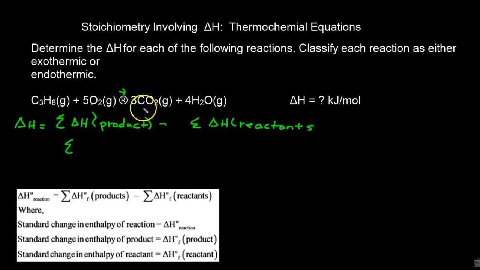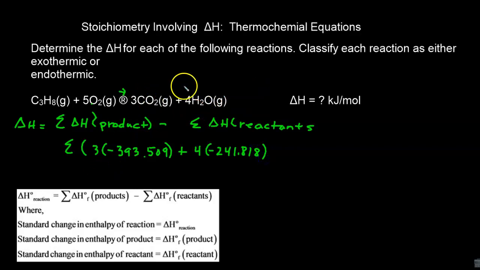I have 3 carbon dioxides, and carbon dioxide was negative 393.509, plus I have 4 waters, each water a negative 241.818. Remember our label for delta H is kilojoules per mole, so when I look at all of this, the label is kilojoules per mole.